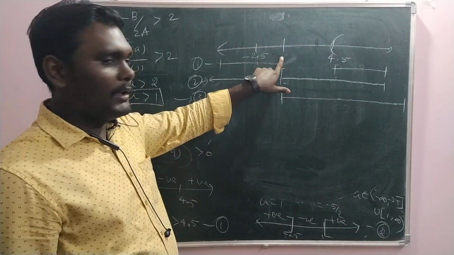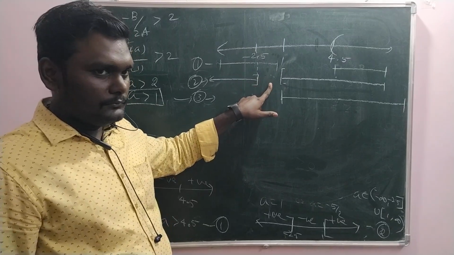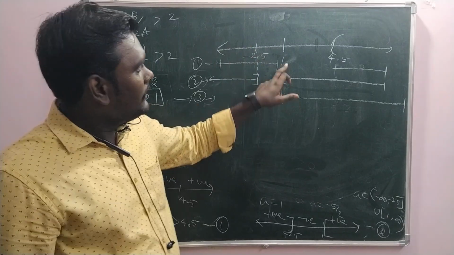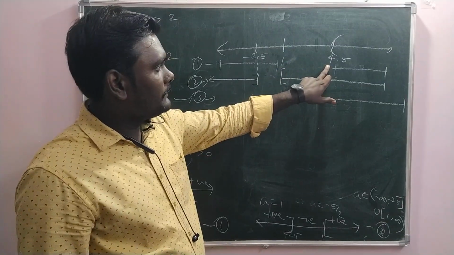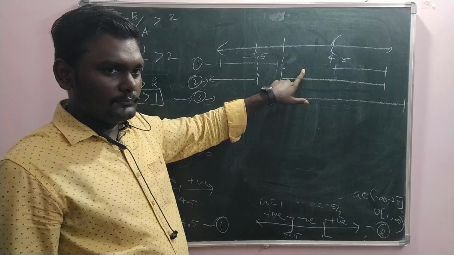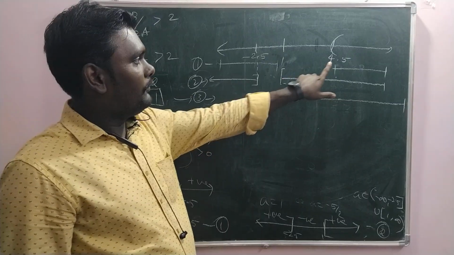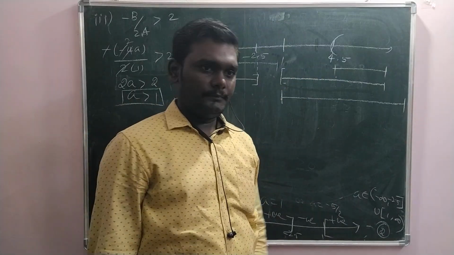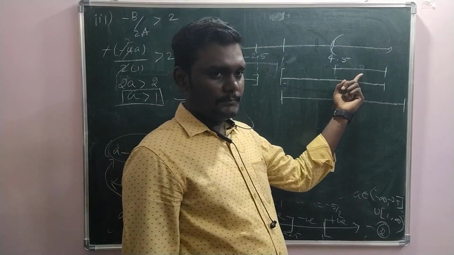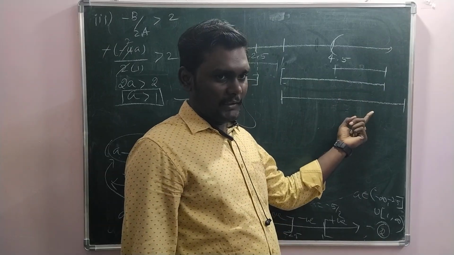Minus 2.5 to 1: 1 satisfied, 2 not satisfied, out. From 1 to 4.5, 1 itself not satisfied, only 2 and 3 satisfied, out. 4.5 to infinity: 1 satisfied, 2 satisfied, 3 satisfied.